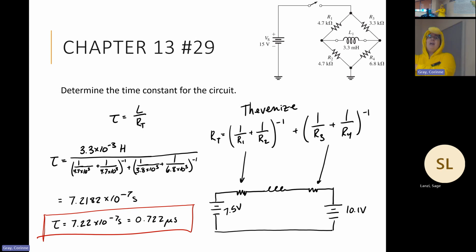Personally, I hate writing e to this whatever with more powers in there, so I like to use the microsecond values for doing this. If we do it, we want to make sure we are carrying those extra sig figs. So don't just use this answer here. We should use 2 to 3 extra digits for solving for that.